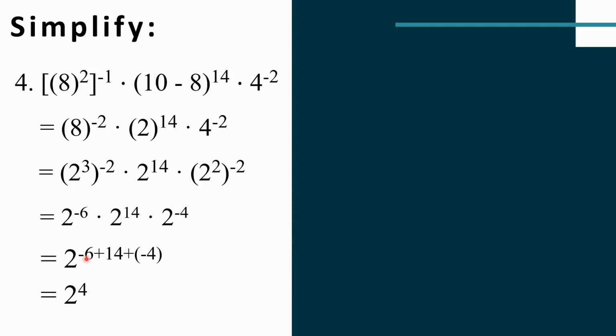So, therefore, we have 2 raised to 4. And 2 raised to 4 means 2 times 2 times 2 times 2, which is equal to, okay, we have 16. So, therefore, itong expression na to, when simplified, is equal to positive 16.